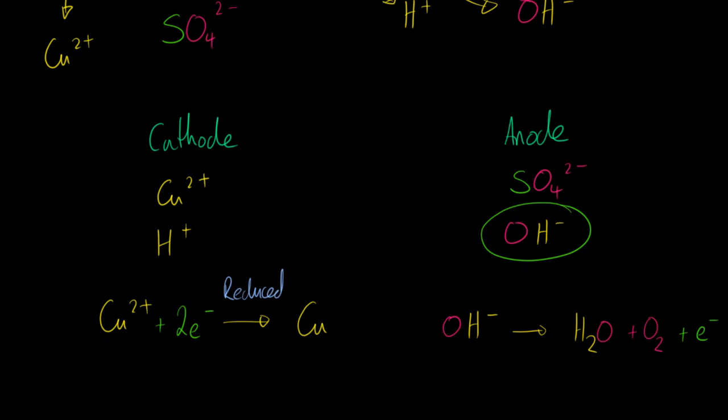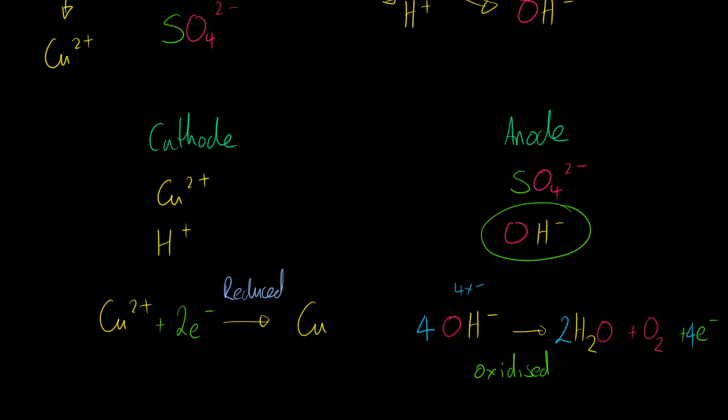I am going to need to put a 4 just here, and a 2 just here, and a 4 just there. Let's just check in and balance that up. So I've got 4 oxygens over here, 2 lots of 1, O2, yep, oxygens are balanced, 4 H's, 2 lots of H2, that's 4 hydrogens, that's brilliant. I've got 4 lots of that minus, that negative charge there, and 4 negative electrons. So what's going on with my hydroxide ions? Well, they are losing electrons, therefore they are being oxidized.